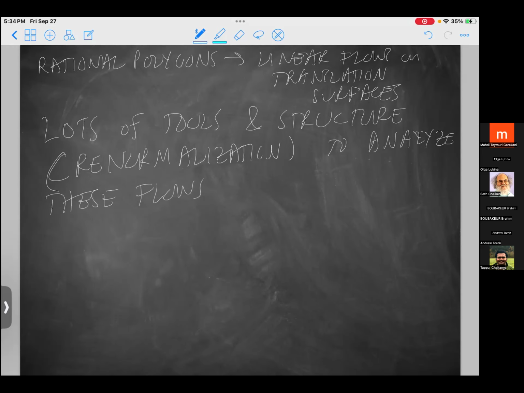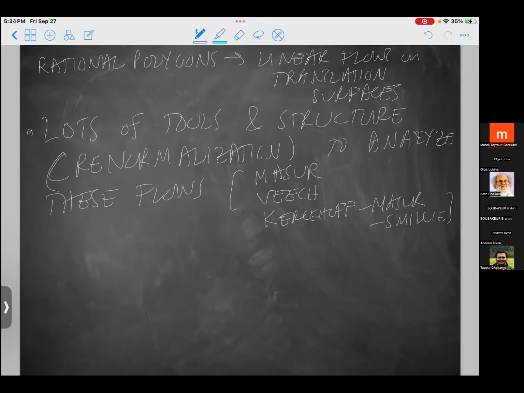And now I could start mentioning names, but if I start mentioning names, we would be here for the rest of time, essentially. But let me mention a couple of very, very important names. One is Masur, one is Veech, and then I also want to mention the names of Kerckhoff, Masur, and Smillie as hugely important contributors to the start of this subject.